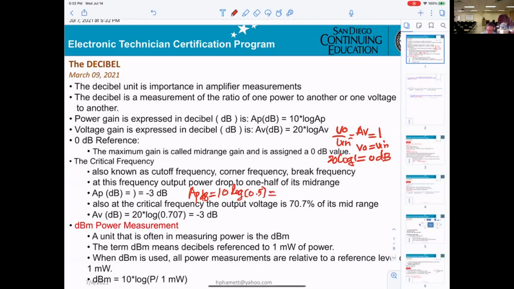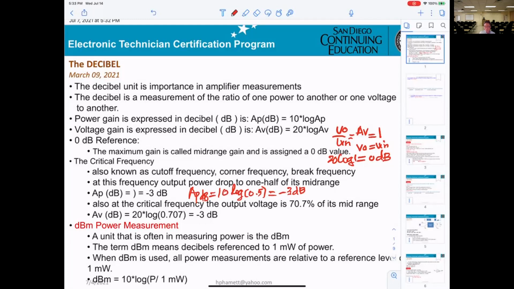That will give you minus 3 dB. What I want you to memorize is that for the power at the cutoff, it drops to 0.5, half. And for the voltage at the cutoff frequency, it drops to 0.707, and you come up with the same minus 3 dB.